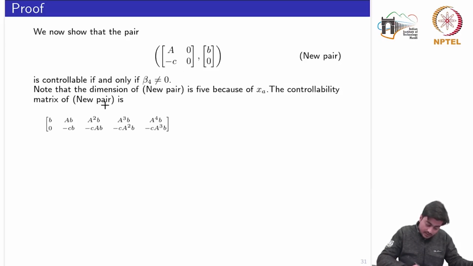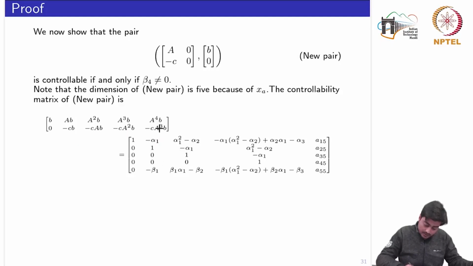The controllability matrix of this new pair can be written as B, A times B, A square B, and note that we need the square of this matrix multiplied with this B, and similarly go on for A cube B and A to the power 4 B. You can compute and verify this matrix by yourself by putting in this new A matrix and this B matrix.